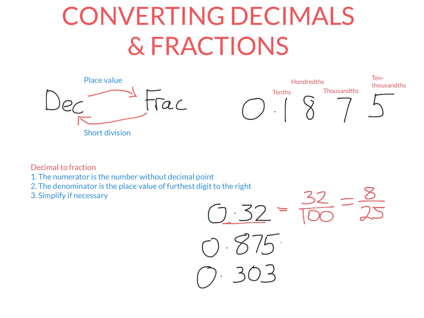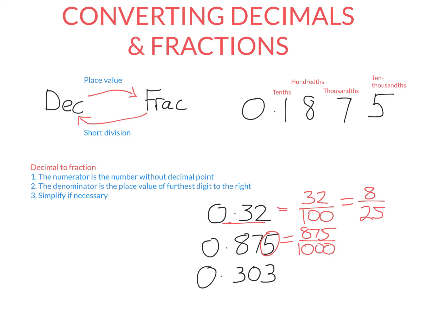So what about 0.875? Well, here, the number furthest to the right is in the thousandths column, so 1,000 is the denominator, and we write the number on top without the decimal point. So this is a hard one to simplify. It's hard to know off the top of our head what would be the highest common factor of 875 and 1,000.